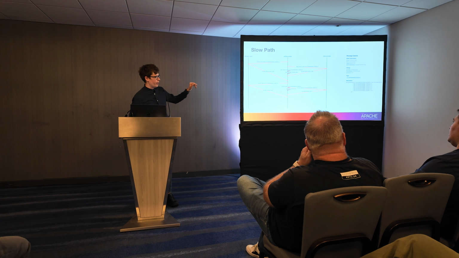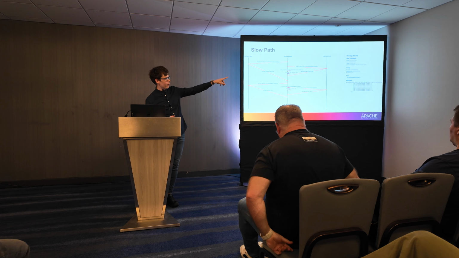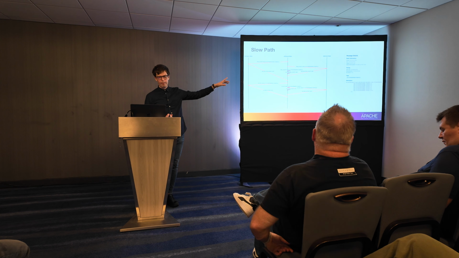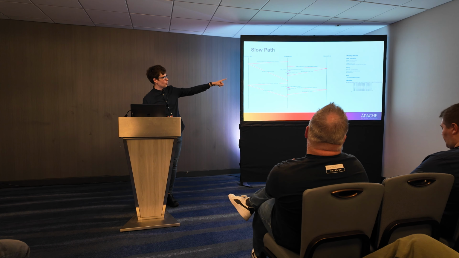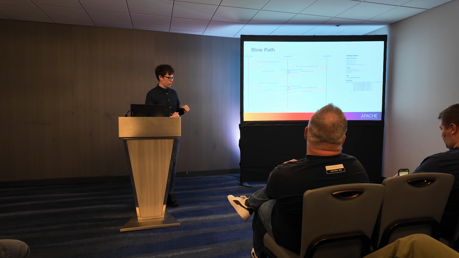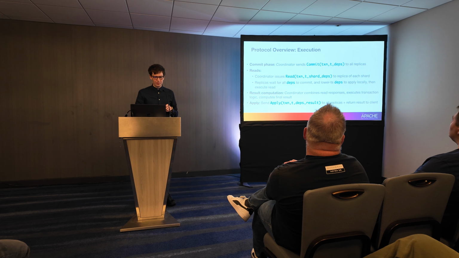You can also see that there are dependencies that are given by the Accord accept response in the right-hand part for you. So let's walk through the distributed transaction protocol execution flow.